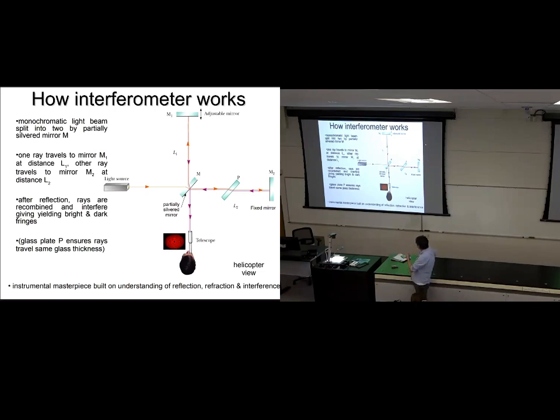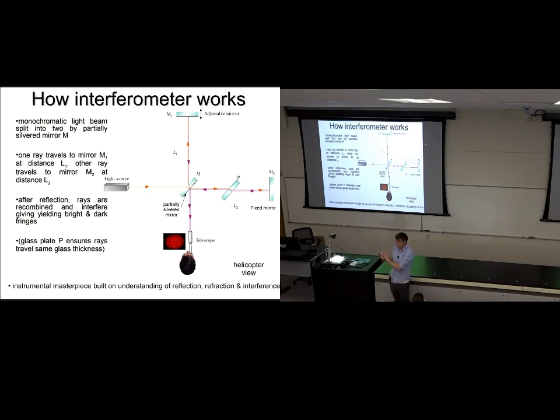Let's follow the light ray as it travels from the light source on the left into the interferometer here in the center. The first thing it does is strike a partially silvered mirror. So what's a partially silvered mirror? A partially silvered mirror is a mirror that reflects some light because it's only partially silvered, and then transmits the remaining light.